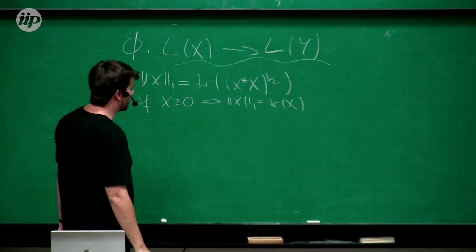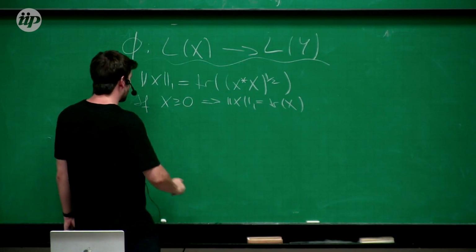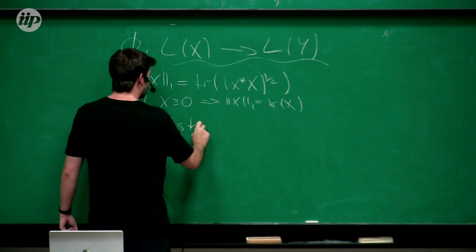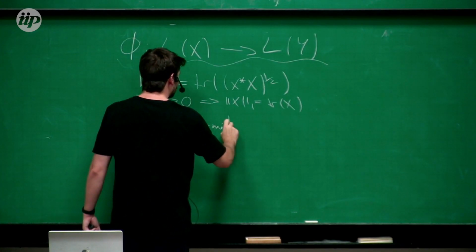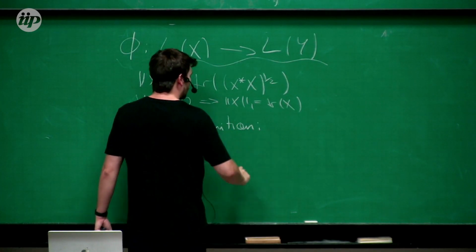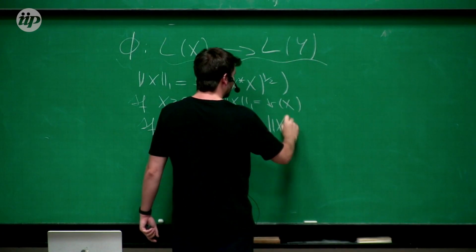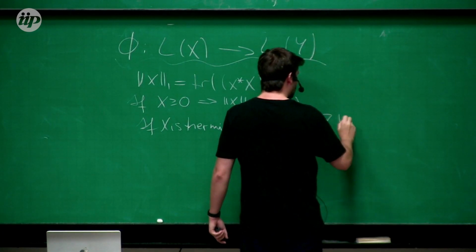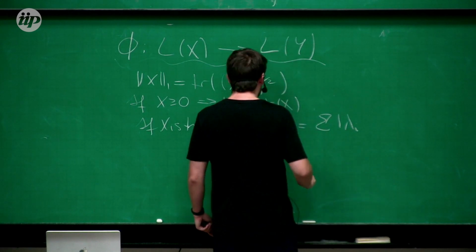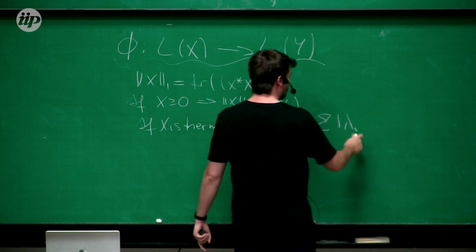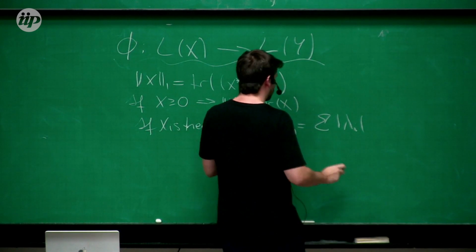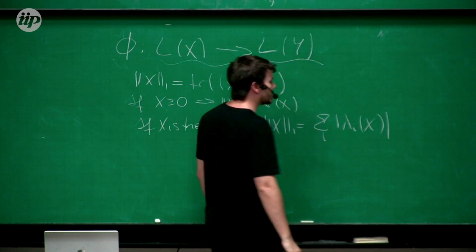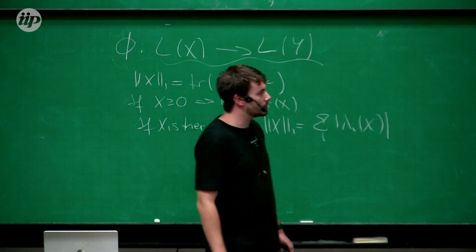And for general Hermitian matrices, so if x is Hermitian, then the trace norm is just the sum of the absolute values of the eigenvalues of the matrix X. Okay, and this is a norm on matrices.